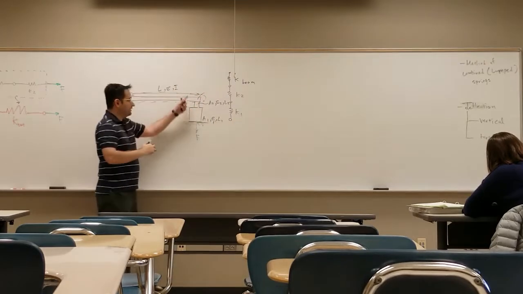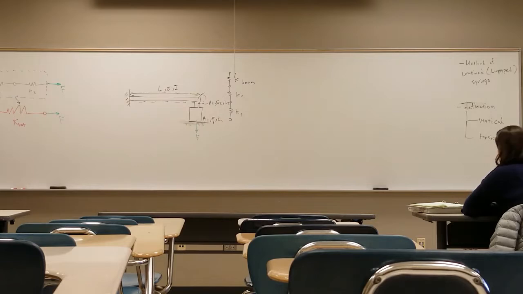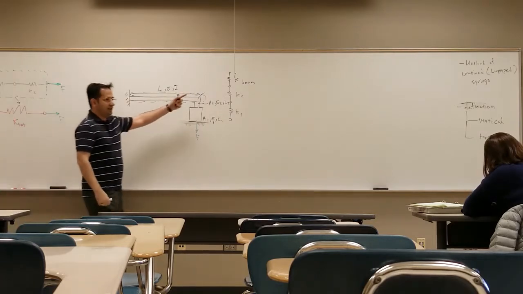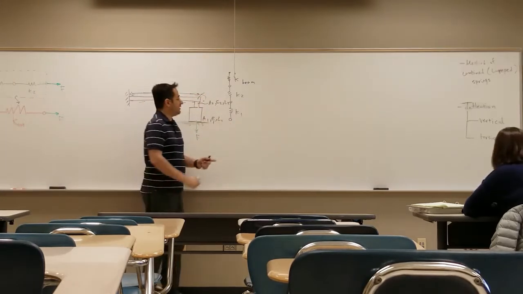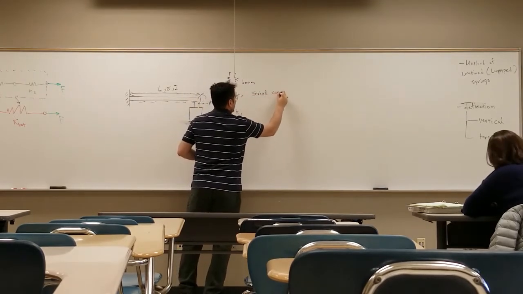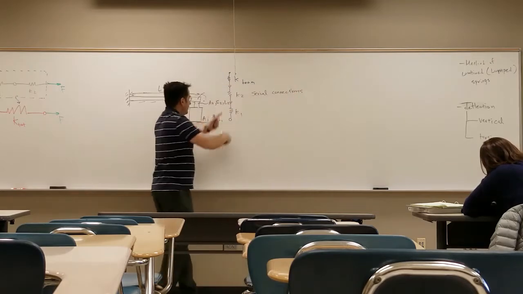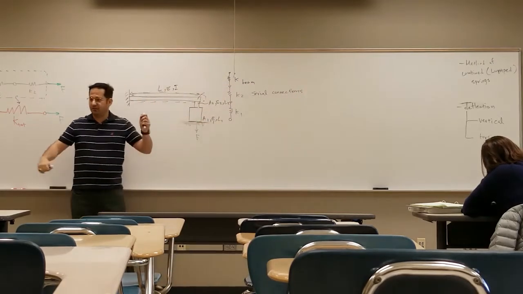So in fact, I have three springs that are connected together, end to end. This connection is called serial connection, because all the ends are connected together. They are in series, right?